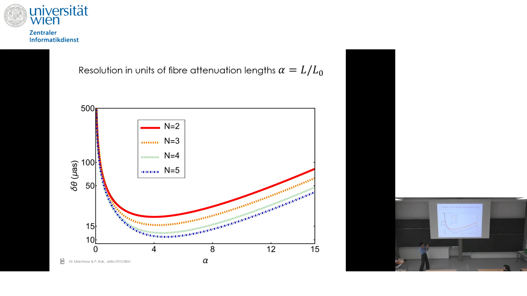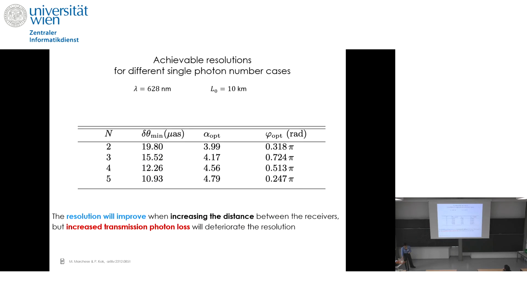And this minimum is shifting a little bit to larger and larger distances, which means that the optimal distance, for which we obtain the best resolution, is increasing with increasing number of photons.